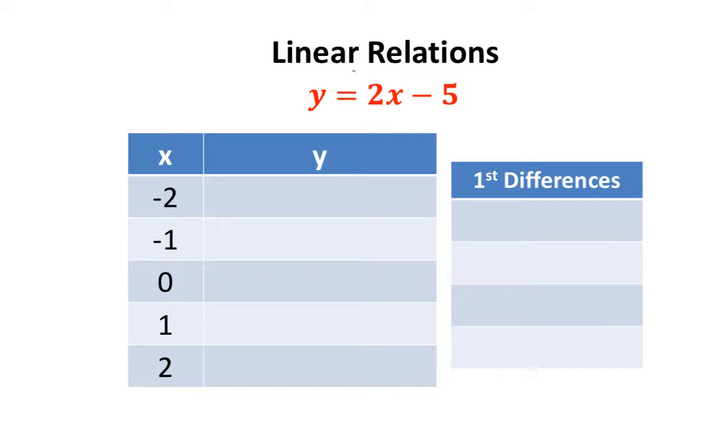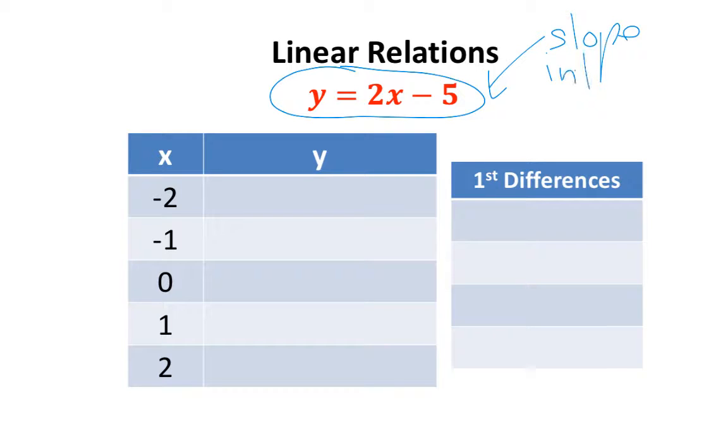If you recall, this line is in slope-intercept form, which is y equals mx plus b, where m is the slope and b is the y-intercept. Therefore, 2 would be our slope and negative 5 would be our y-intercept.